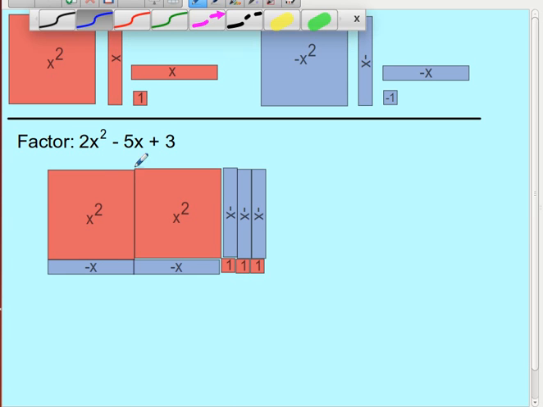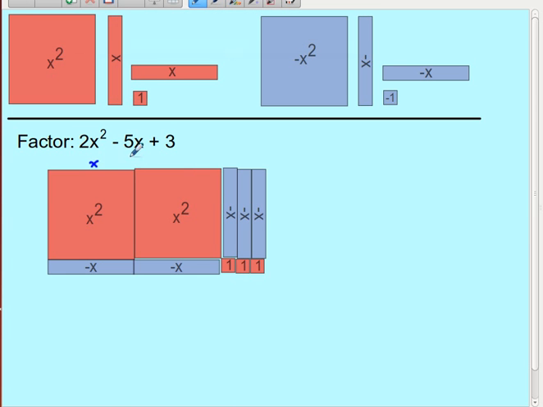And so all told, I have an x here, negative 1, 2, 3, total of negative 3. I have an x here, a negative 1, and so factored, this is equal to, I've got 2x minus 3, and then I've got an x minus 1.